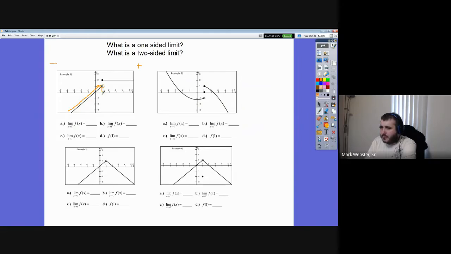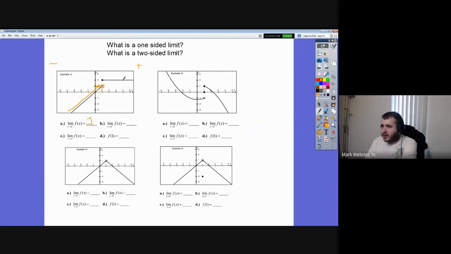That's where it's approaching. So as the function goes towards x equals 1, what's the y value in that spot where we're dragging our finger? And we look, and the y value here is 1.